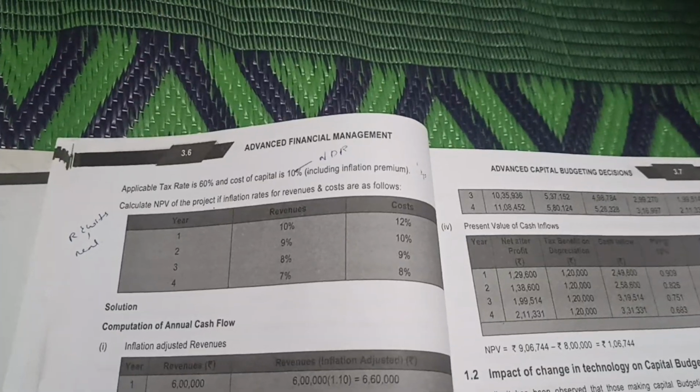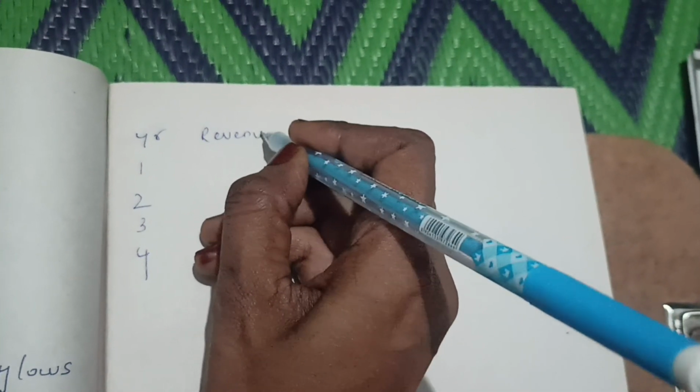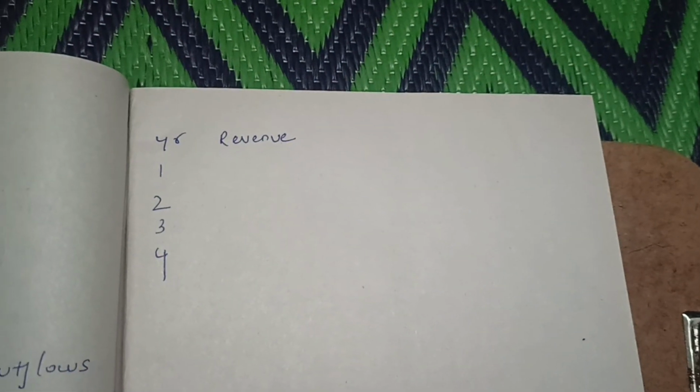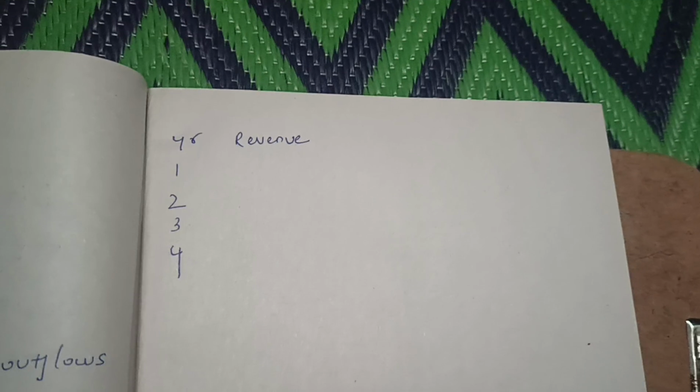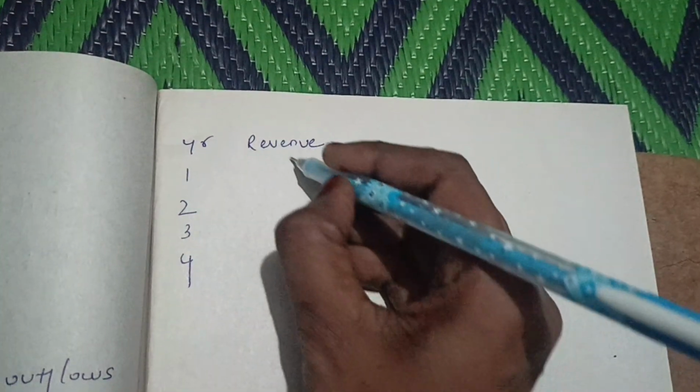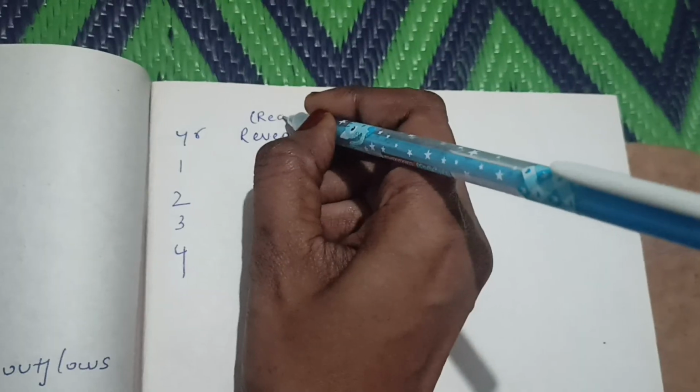Now see. First, I will mention the year. How many years do we have? 1, 2, 3, 4. Revenue. Is this revenue real or nominal? I mean, is this revenue inclusive of inflation or exclusive of inflation? This is excluding inflation, it means real.